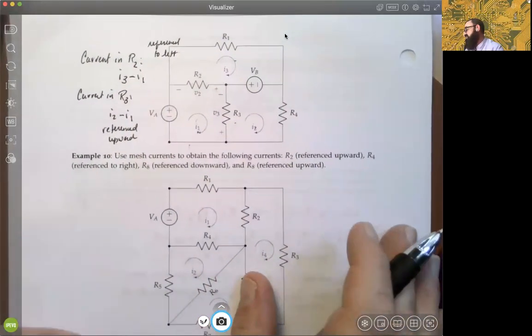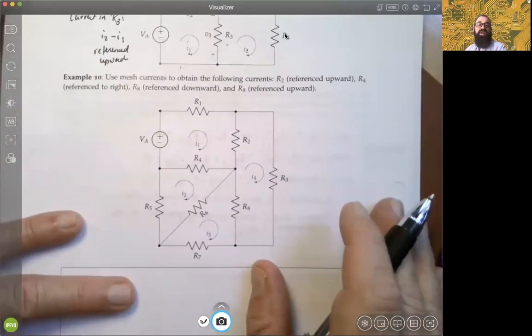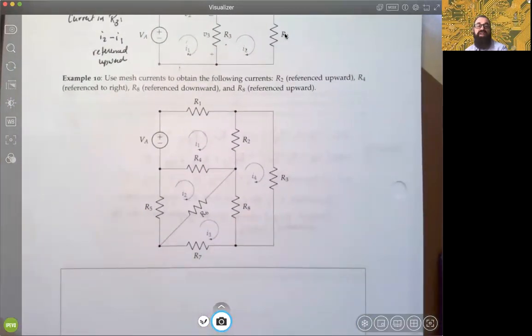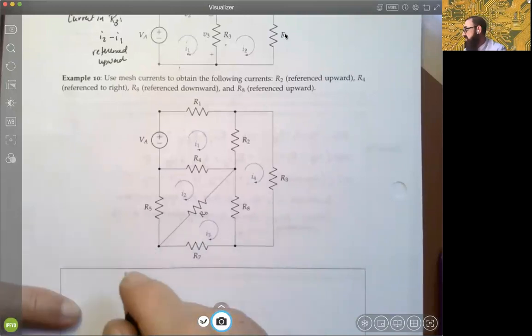A couple more examples. Let's do this more really complicated one. And again, all you have to do is find out for a particular resistance, what mesh currents go through it and who's positive and who's negative, okay? And most of the time, what we're seeing in these planar networks is just 2 mesh currents involved, okay?